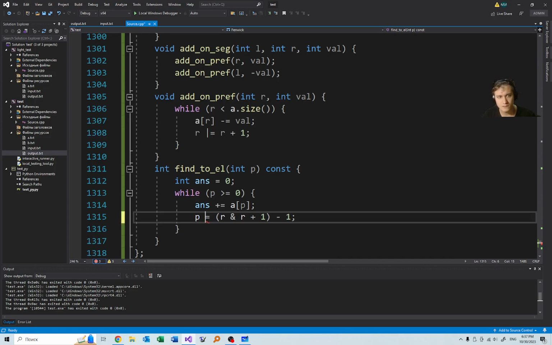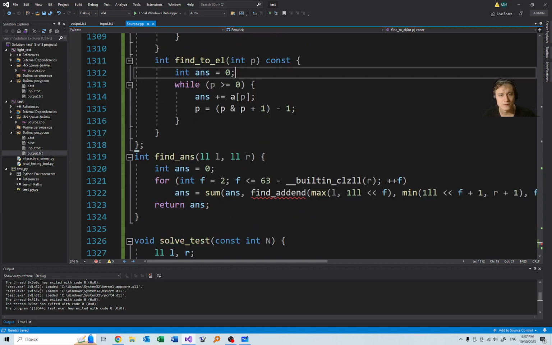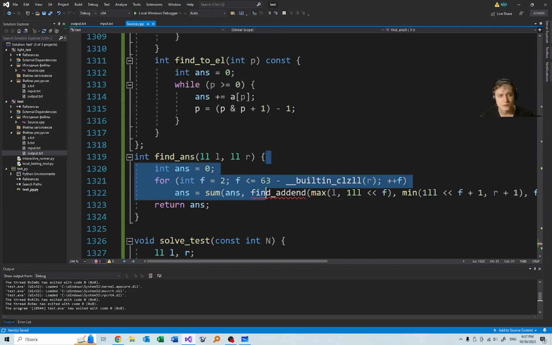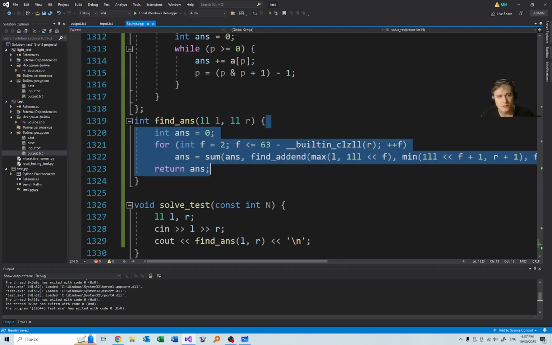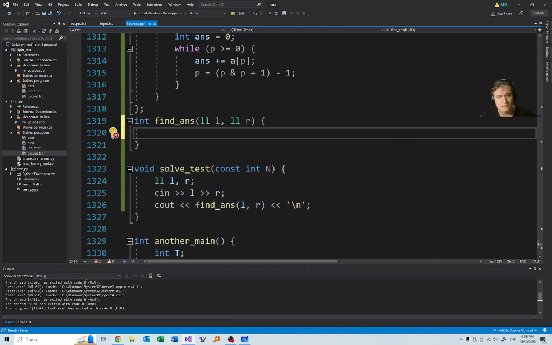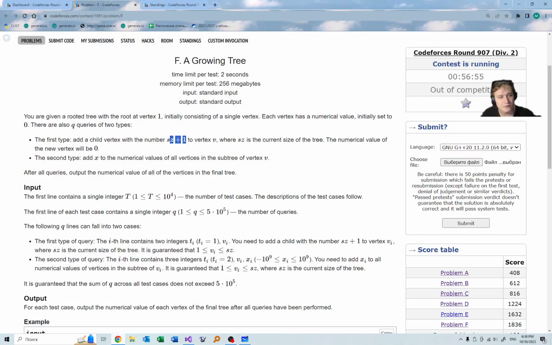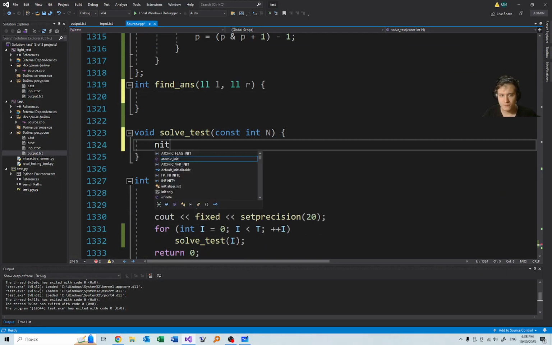Nice. So we have made the Fenwick. Then we need to do everything else. Okay, so we read the number of operations.